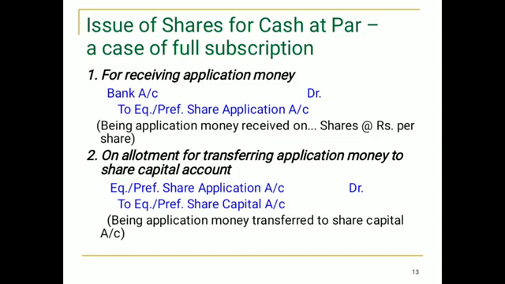So the amount that you have received for application in the first journal entry is to be transferred to share capital account. The journal entry for transferring application money is share application account debit to share capital account, being application money transferred to share capital account.